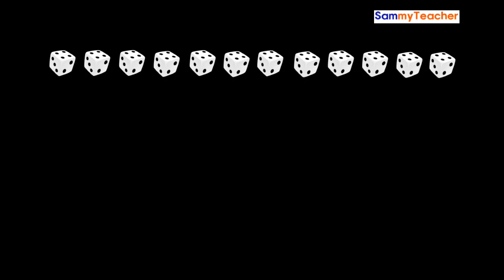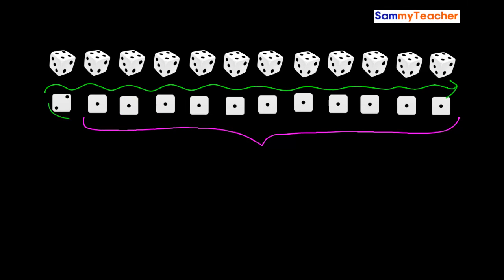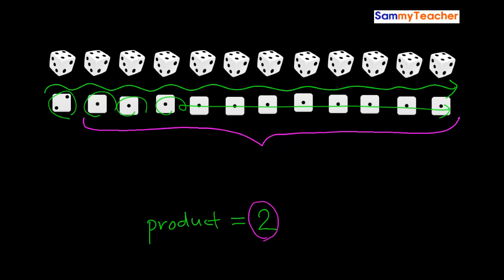Now, this is what I mean. Let's say we get 2 in the first dice, and for all the other pieces of dice, we get ones. And when we multiply all these numbers, 2 times 1 times 1 times 1 times all the way, the product will become 2. And 2 is a prime number.